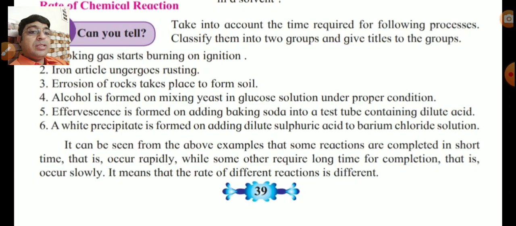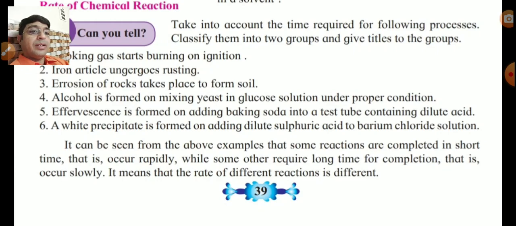So it can be seen from the above examples that some reactions are completed in a short time, that is, occur rapidly. So you underline this. Some reactions are completed in a short time, that is, occur rapidly, while others require a long time for completion, that is, occur slowly.